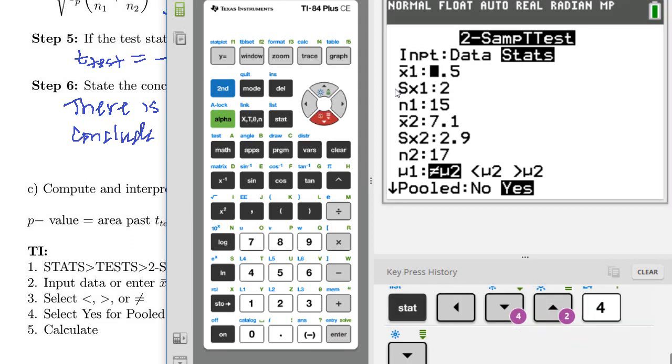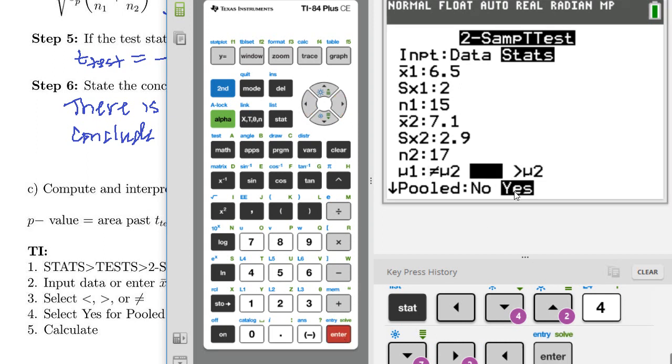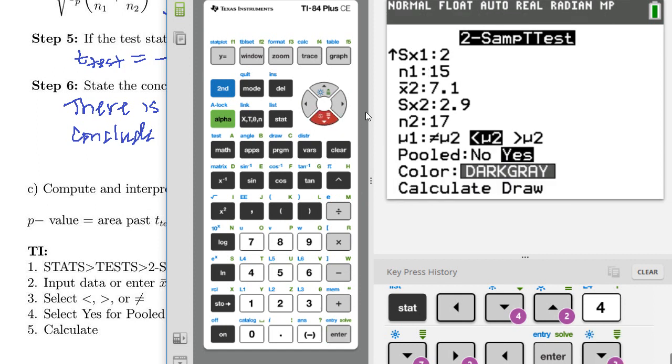So x1 is okay, s1 is 2, sample size 15, 7.1 second mean, 2.9 standard deviation, and then 17 sample size. This is a less than test, so we want to highlight that less than. We are using the pooled estimator, and we'll calculate.